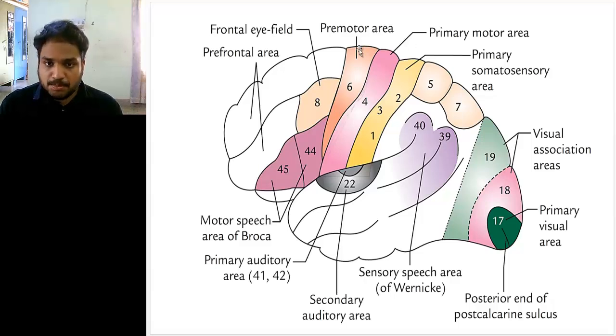Now, there is a premotor area near to the primary motor area, the area number 6, right? So what is the function of the premotor area? It programs the intended movements. It is responsible for the planning as well as programming the intended movements of the primary motor area, right?